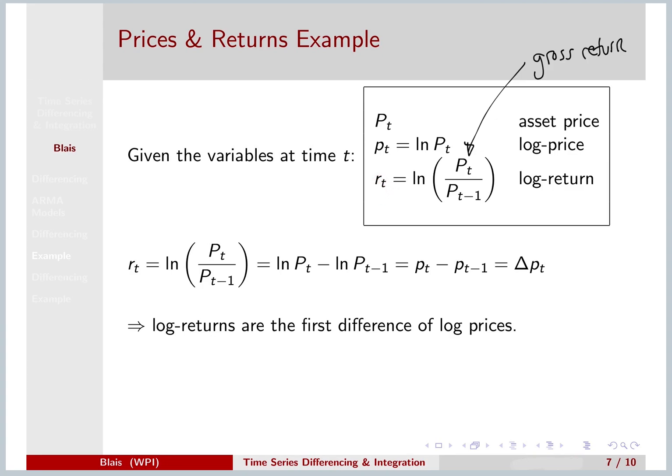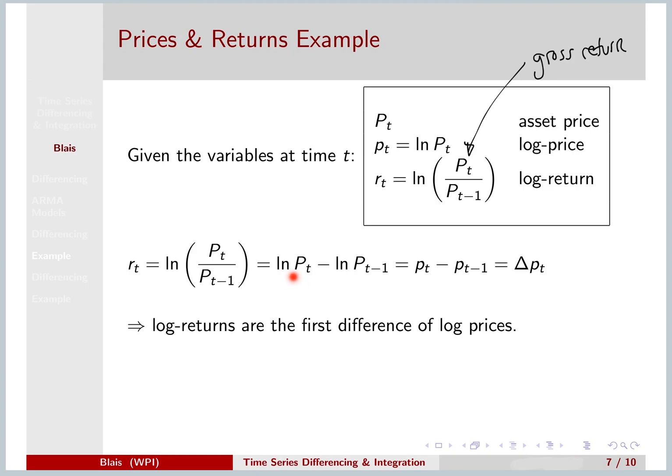And the log return is a very commonly used return in financial modeling. And so let's actually look at the relationship between these things. So your log return, by definition, is the log of the ratio of these two asset prices. But we then use the property of natural log, that the log of the quotient is the difference of the logs. And we then notice that these are the log prices, which are the little p's.